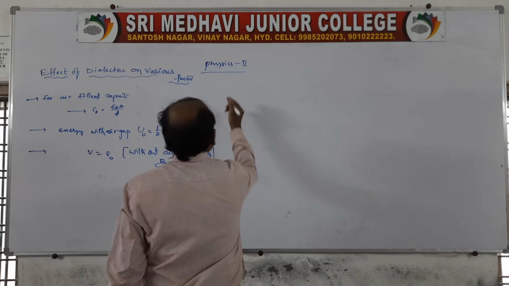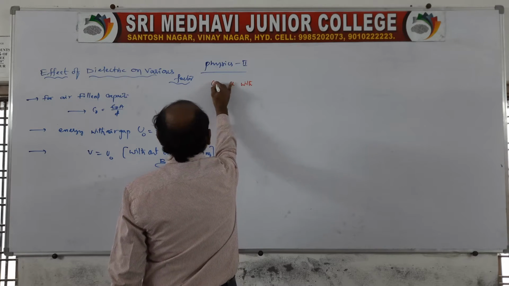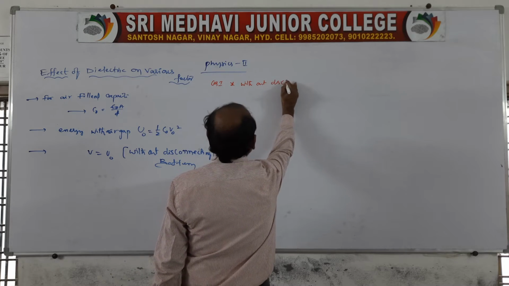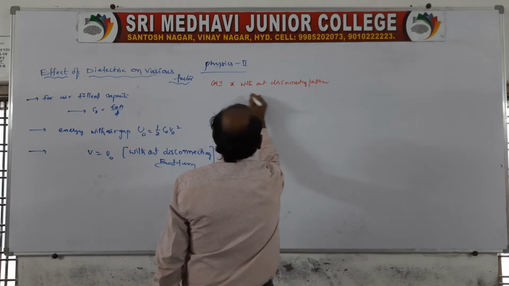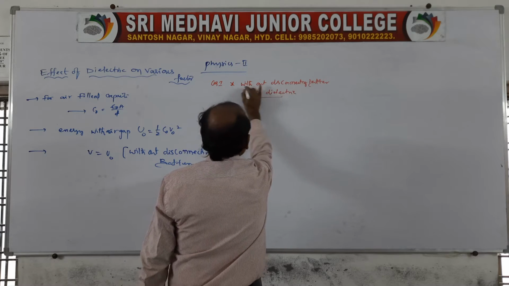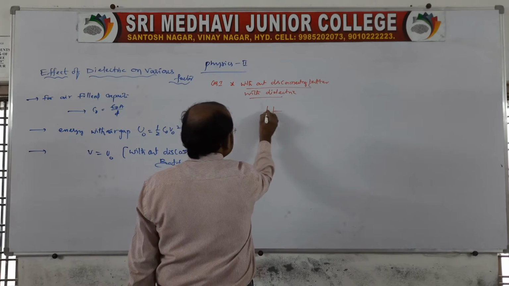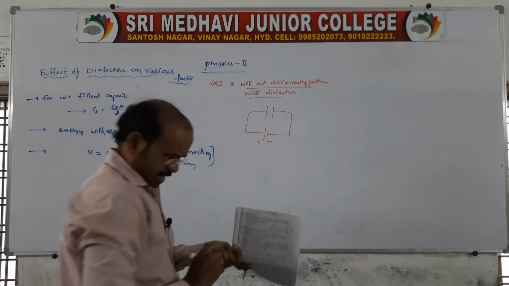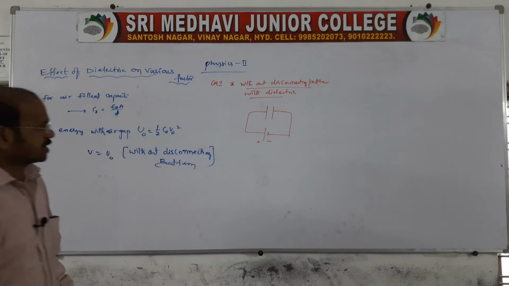The first case, case one, is without disconnecting the battery and with a dielectric. Let us draw capacitor plates with a battery connection, plus and minus, and some dielectric constant introduced between the plates.